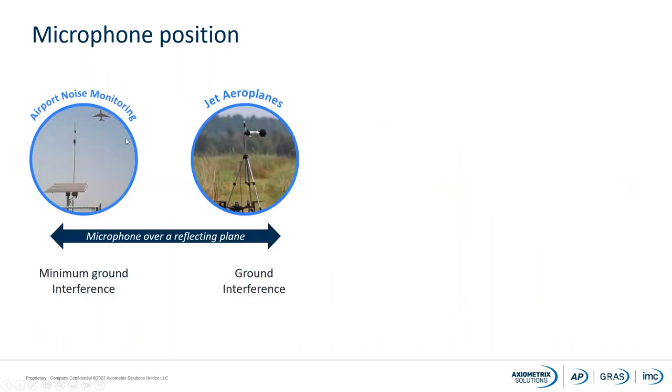First of all, you have some disadvantages with some of the installations here. If you take microphones over a reflecting plane, that means you have a microphone and a surface at the bottom, and then of course you have ground interference. But if you're coming up 6 to 10 meters like this one is erected, then the ground interference is a minimum. If you take this one at 1.2 meters over the ground or surface, this introduces some ground interference.